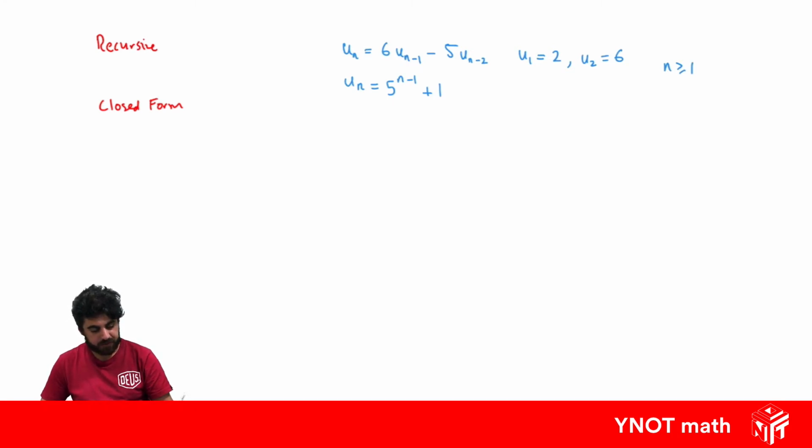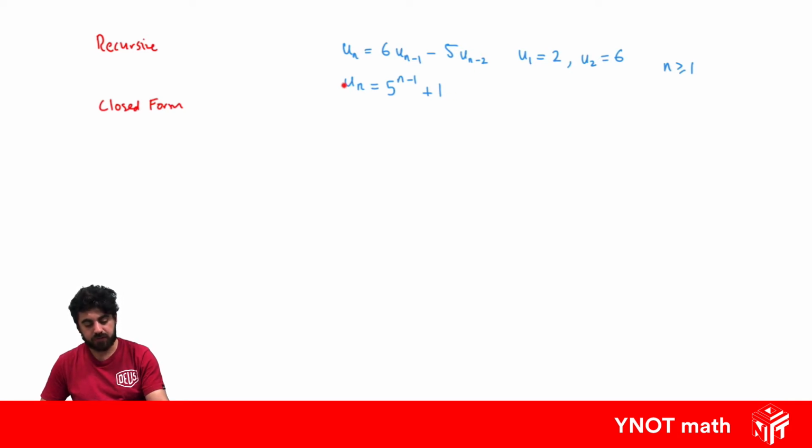Now the reason I brought up the example now is to just show the difference between the recursive definition and the closed form definition. So the recursive definition is dependent on the terms before your term. You can see here, this is the recursive definition because u_n is dependent on the term before it and the term before that.